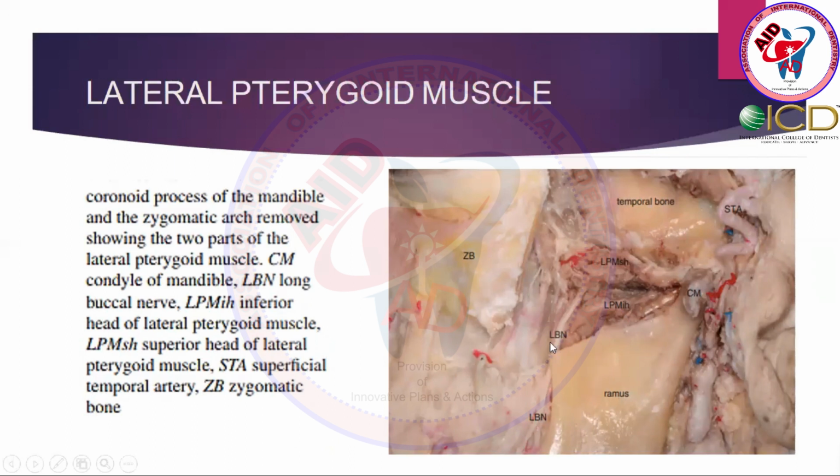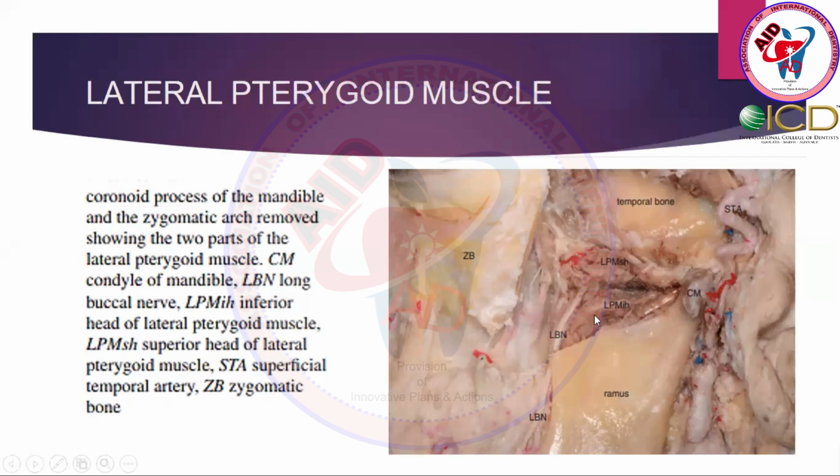That means the long buccal nerve crosses over both heads of the lateral pterygoid muscle. That is the lateral pterygoid muscle superior head, and that is the inferior head.